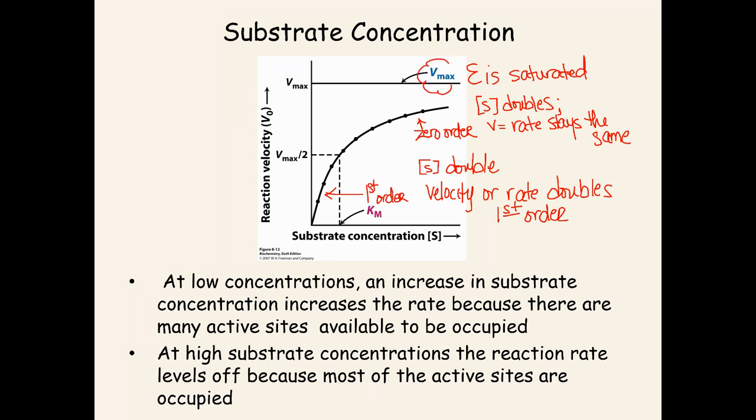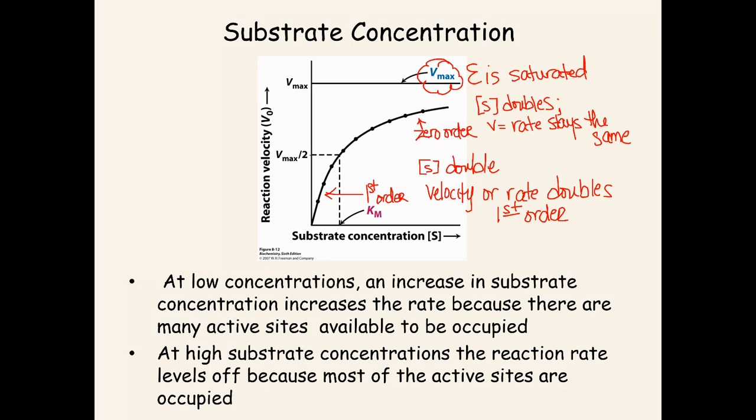So Vmax is the point at which the enzyme is going as fast as it can to catalyze the reaction. Now, there is a very important term in chemistry and biochemistry that is here at this point.